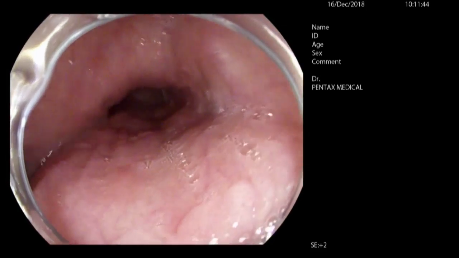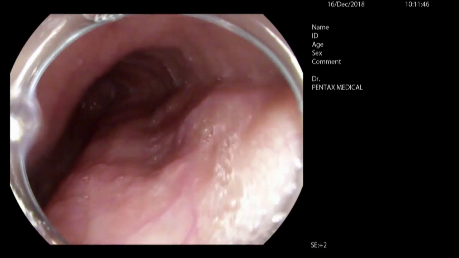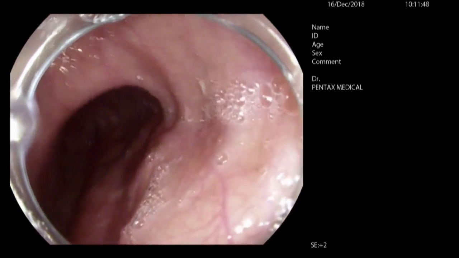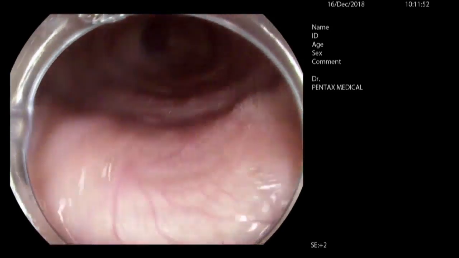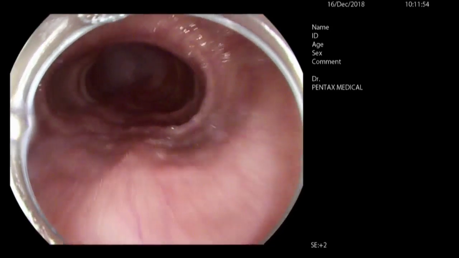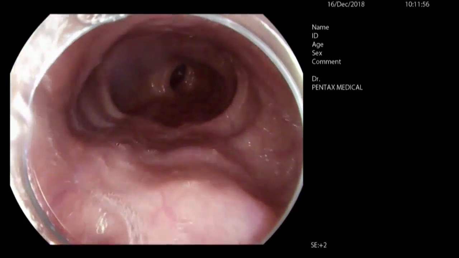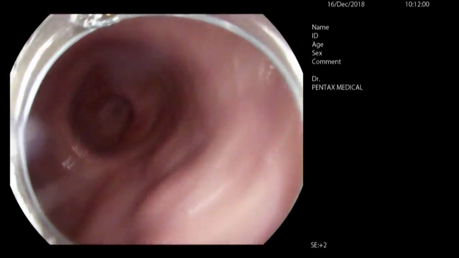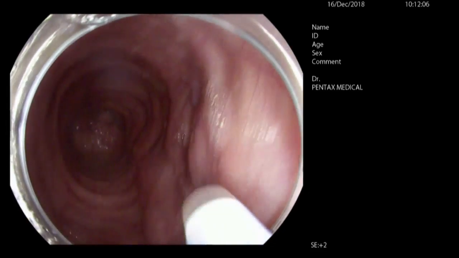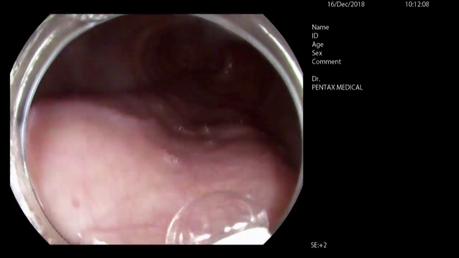Definitely, if you have less experience, your learning curve will be longer and you will have 60-70%. But as you become more proficient, with more cases, you will get more than 90%. Some initial data came on on-site pathologists, but even for Europeans and Americans, it's difficult to have an on-site pathologist in the room because of logistics. So these initial studies showed that on-site pathology and number of cases became important.